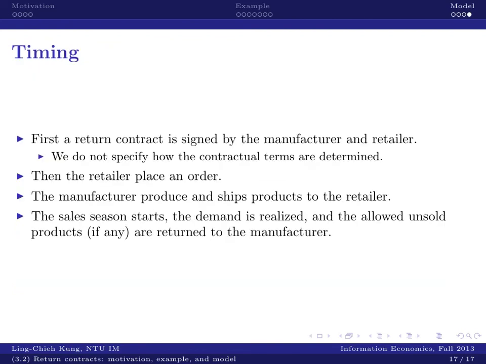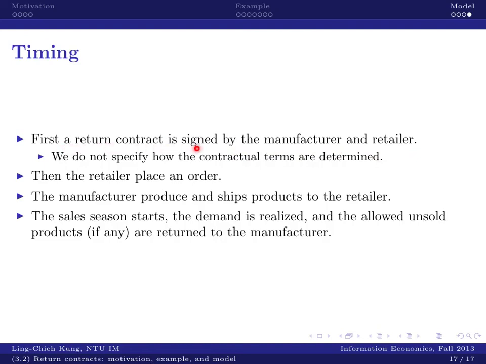Okay, finally, how do we play the game? First, a return contract is signed by the two parties. Here we do not specify how they make these terms. We do not assume how they do negotiation, bargaining, or whatever. We only want to analyze what will happen after there is a return contract.